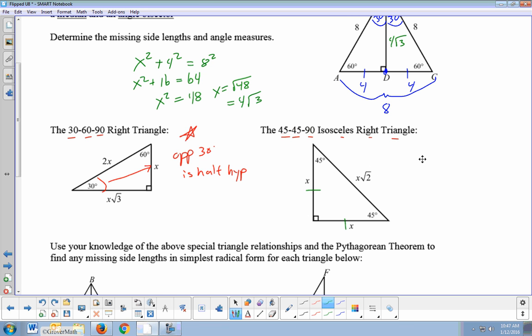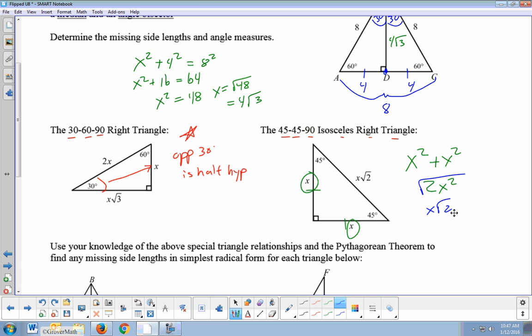And the way that works is because I know these are the same. So like my a squared plus b squared is really just x squared plus x squared. And x squared plus x squared is the same thing as 2x squared. And then what do we do at the end of the Pythagorean theorem? We do the square root. And so when I do the square root of this, well, I can't do the square root of 2, but I can do the square root of x squared.